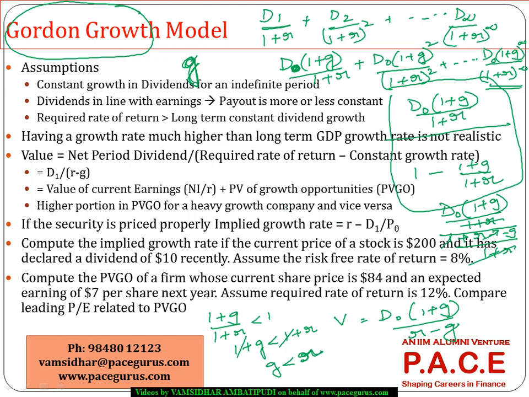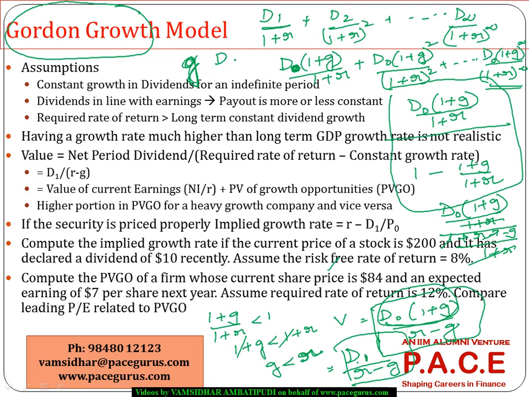So the valuation is D0 into (1 plus G) by (R minus G). D0 into (1 plus G) is nothing but the next period's dividend, the expected dividend for the next period, divided by R minus G. So that is the small difference between a no growth model and a constant growth model.